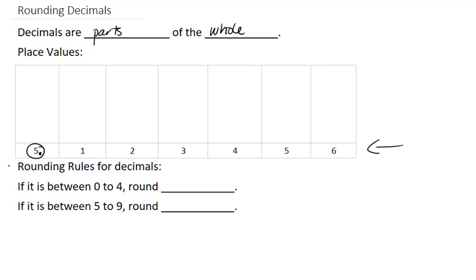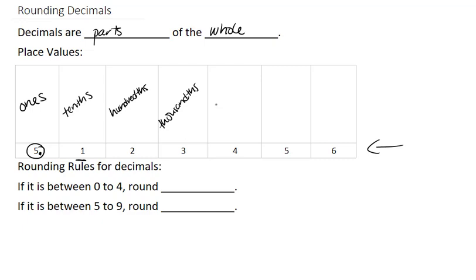And then we go to the right, unlike how we did on whole numbers. So we kind of do this a little different. So we have ones here. And then we have a decimal. So this indicates that everything after has an order to their place value. So this 1 represents the tenths value. This 2 represents the hundredths. 3 represents the thousandths.